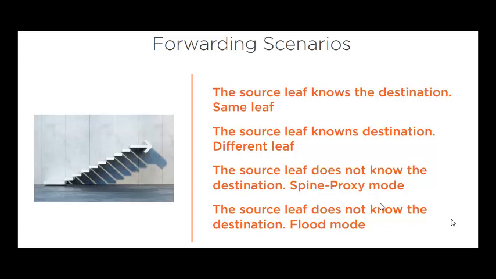So, as I said earlier, the spine will know about all the end devices. So you simply send it to the spine, and the spine will just change the destination of the packet to the original destination where you need to send it. Source will not be changed.